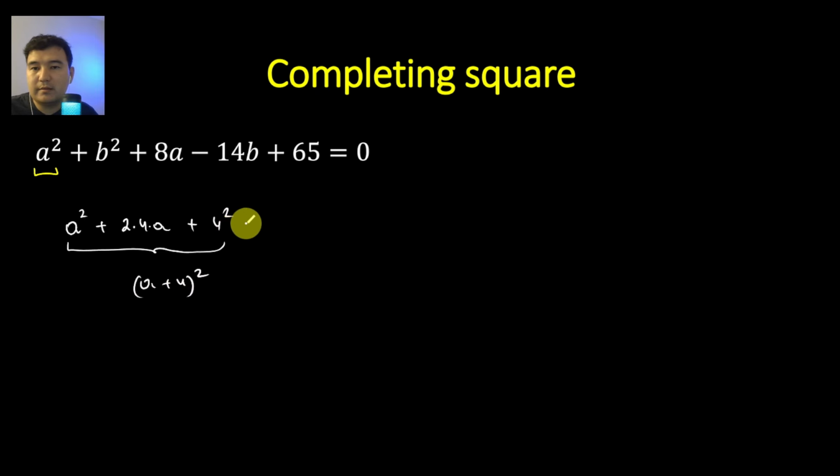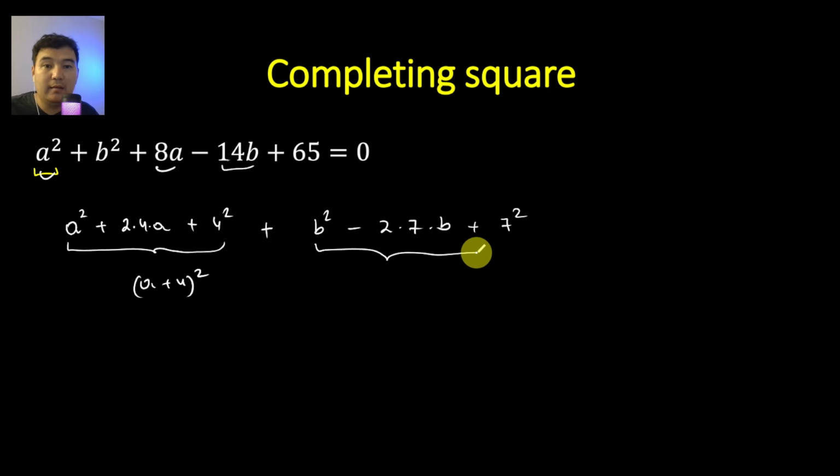But this is something we don't have in the equation originally, so let's keep that for now. Plus b squared minus 2 times 7 times b, so this is going to be 14b, plus, let me write 7 squared here again. That's because if I had this 7 squared, this part would be (b minus 7) squared.